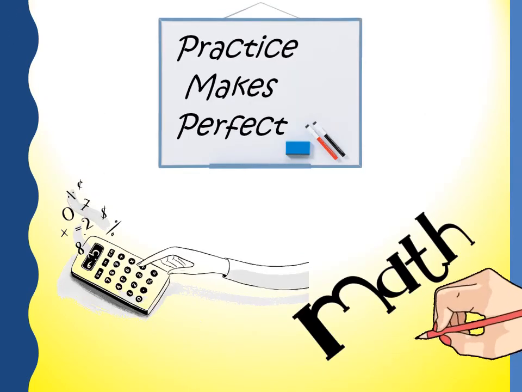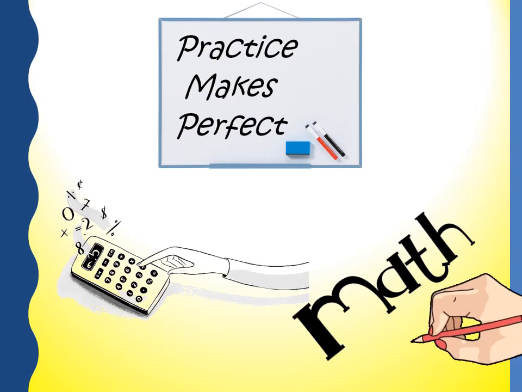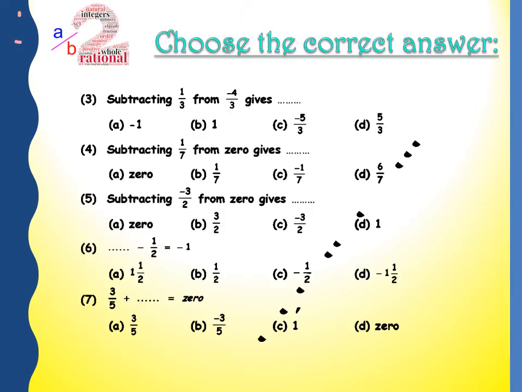Now let's have some exercises. Choose the correct answer. Subtracting a third from negative 4 over 3 gives, middle one. Remember that if I told you to subtract 2 from 5, you will do 5 minus 2.